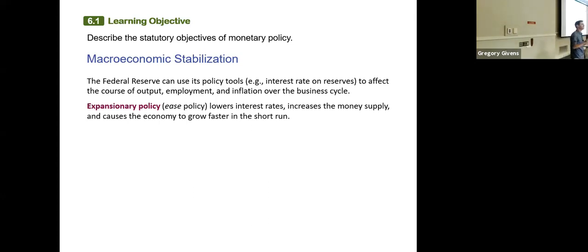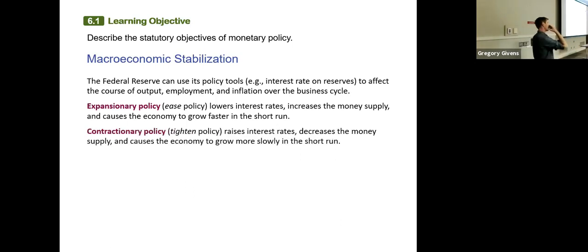Some of the lingo that you hear in the financial press would be an easing of monetary policy or a loosening of policy. Federal Reserve officials frequently refer to this as policy accommodation. That's the phrase they like to use. All of those things are synonymous, okay? All of that refers to an expansionary monetary policy, basically where rates are lowered by the Fed to try to stimulate economic activity.